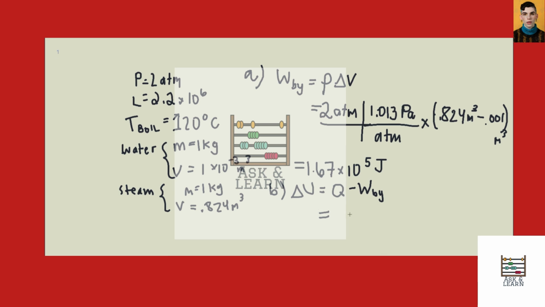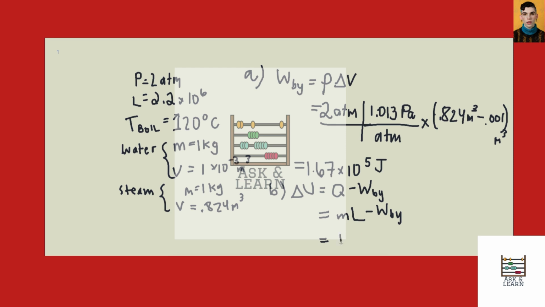And the heat associated with a phase change is mL. And it's positive because you have to add heat to boil water, whereas for freezing, that would be negative. And then we still have minus the work done by the gas. So we can go ahead and plug everything in now.